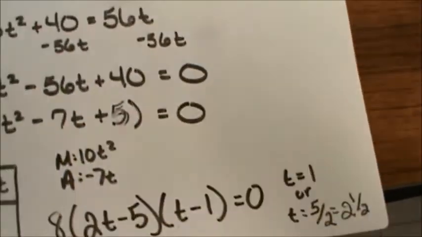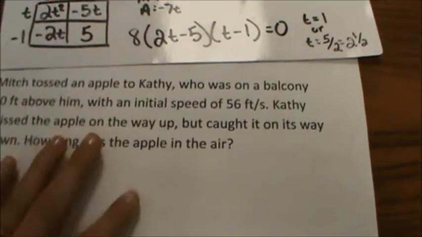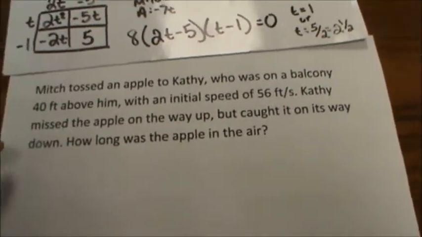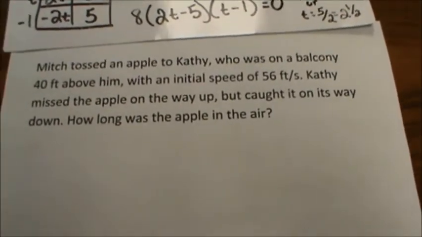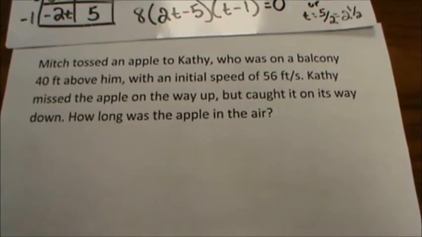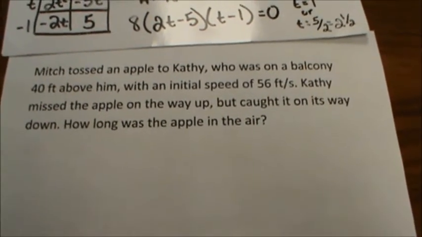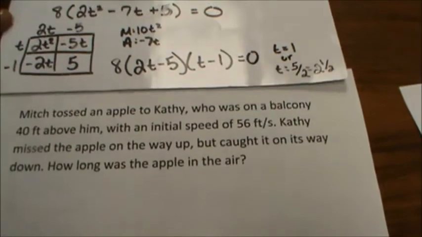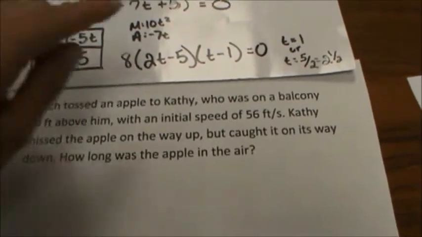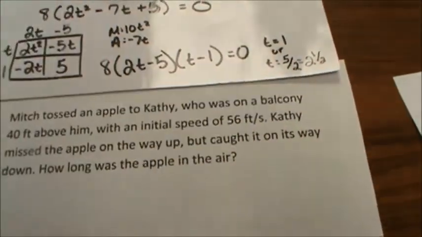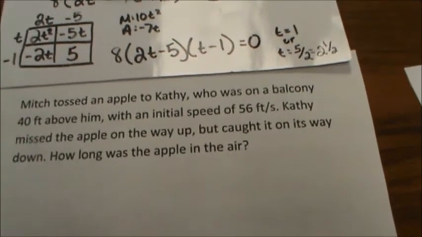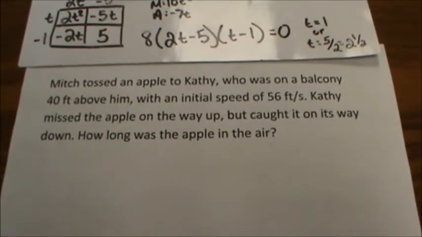But the question, if we go back to the original, wants to know how long was the apple in the air before Kathy caught it. Now it cannot be both of these answers, because actually what these two answers give us are both of the times that the apple was 40 feet in the air.